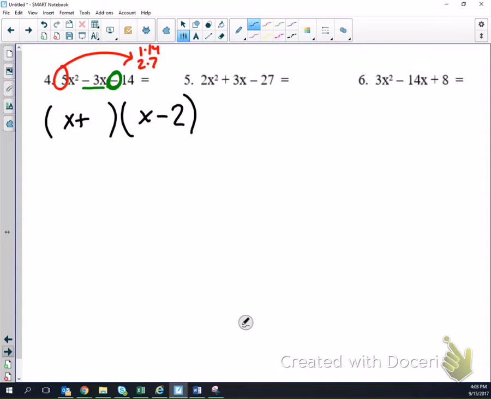Now, I know I'm writing the 2, which looks like the smaller number, but it was really a 5 times the 2 was the 10. In this case, a negative 10. And that was the bigger, and so 7 was the smaller. So we'll have a negative 10 minus a 7x to give us that negative 3x.